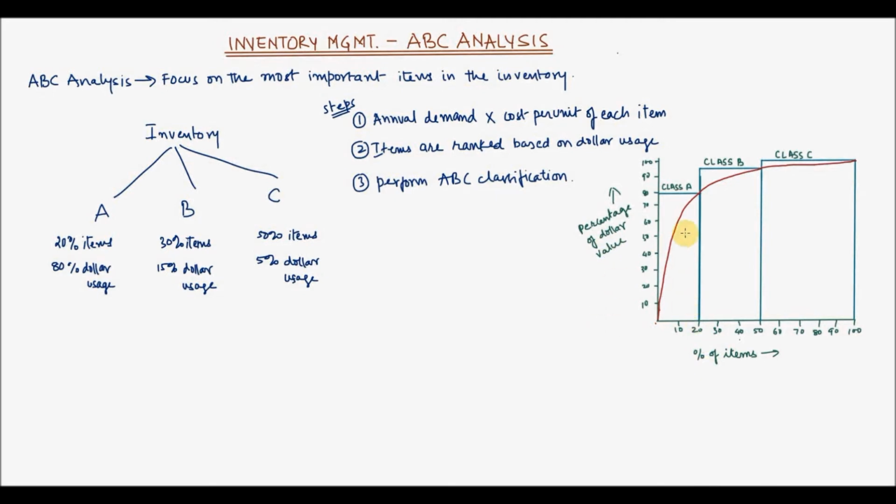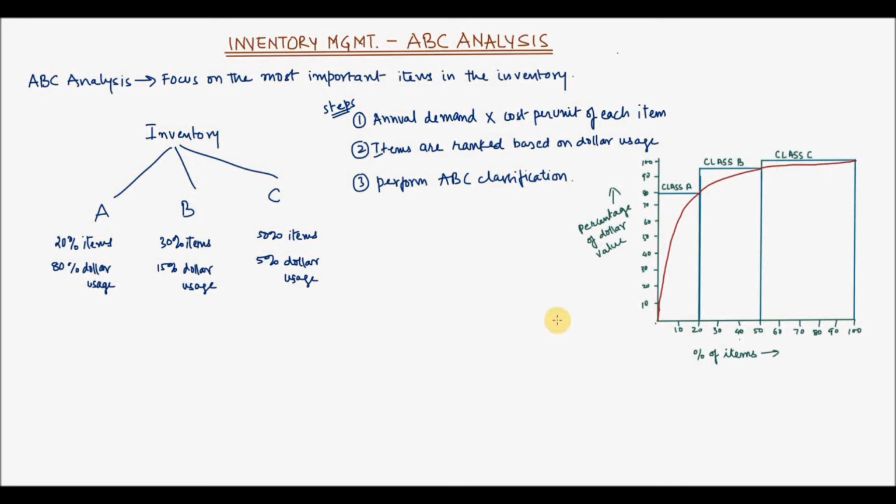Class A are the items which are 20% but represent 80% of the dollar value. Then class B are the ones which have 15% of the dollar value and are almost 30% of items, and class C are the ones which are 50% while they represent 5% of the dollar value.